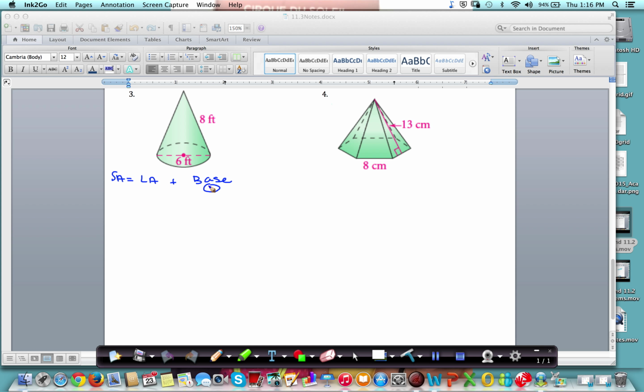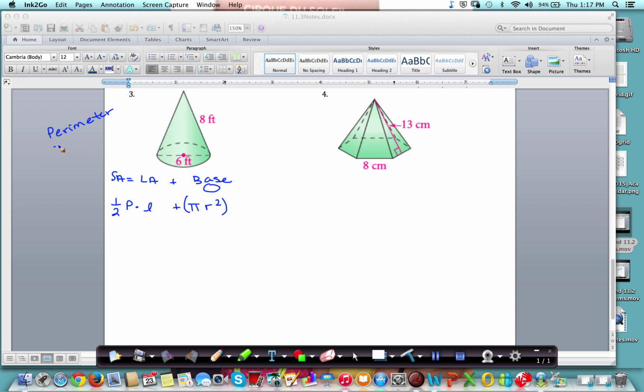So my base is a circle, which means I'm going to need the area of a circle, pi r squared. And then I need my lateral area, which is going to be 1/2 my perimeter times my slant. So the perimeter of a circle, remember, we talked about this last time.